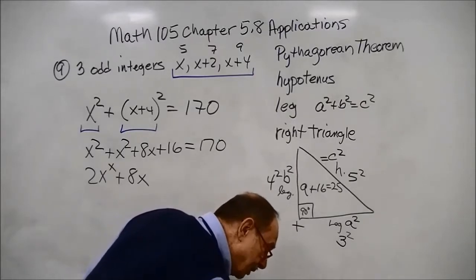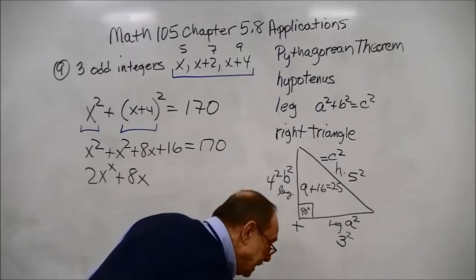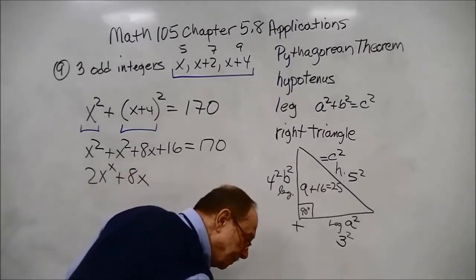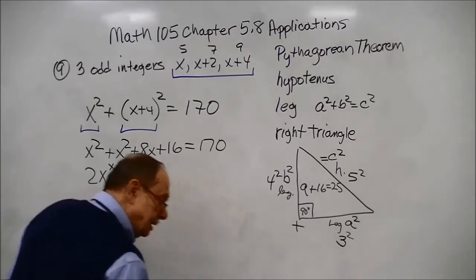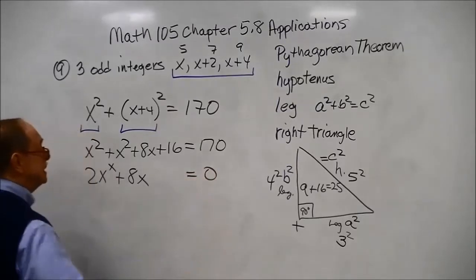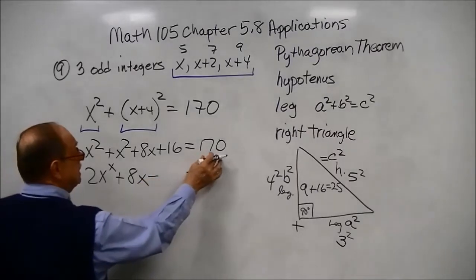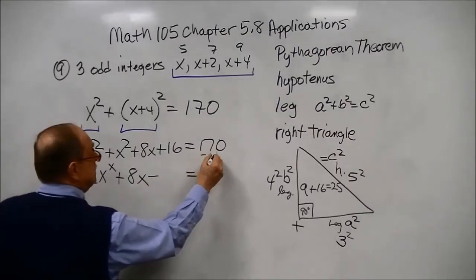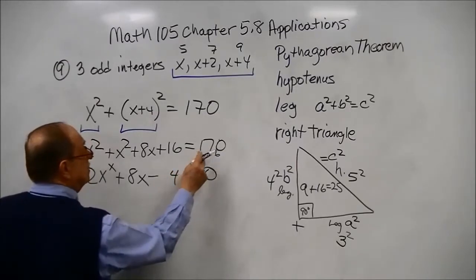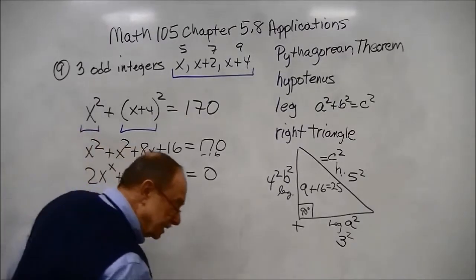And since I already have it worked out, I left out one step there, so this is going to be a negative. I'm going to subtract 16 from that, so that'll be 4. How about 154? Let's go with that.